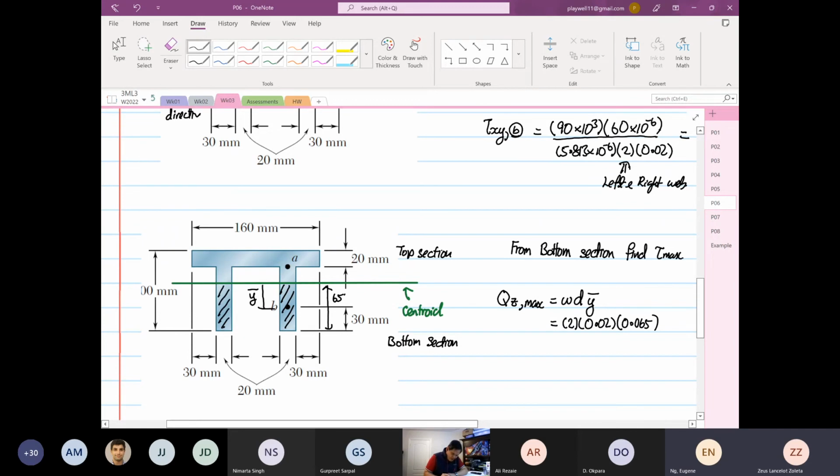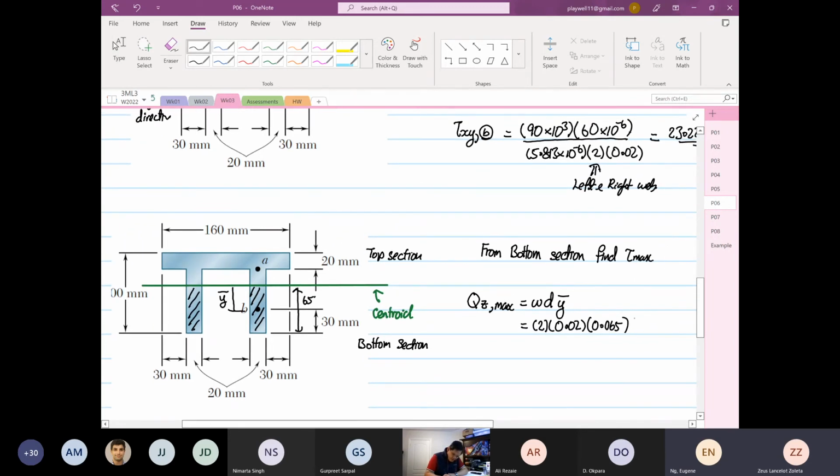So Q is 0.065 divided by 2 times 0.065 times 0.02 times 2, which is 84.5 times 10 to the power minus 6 meter cube.